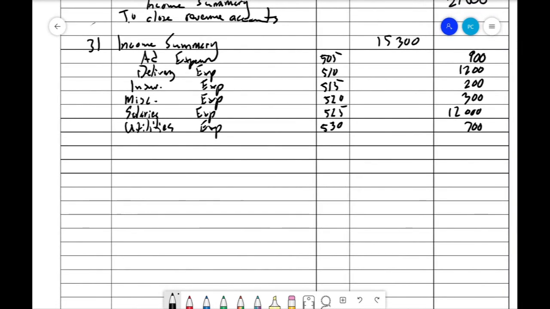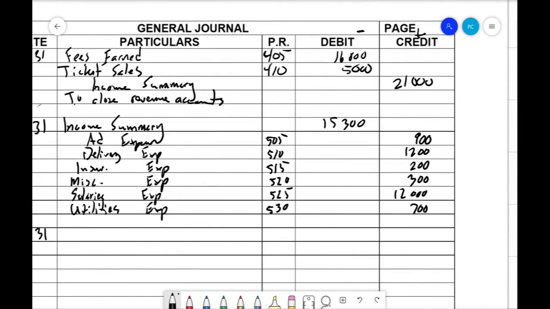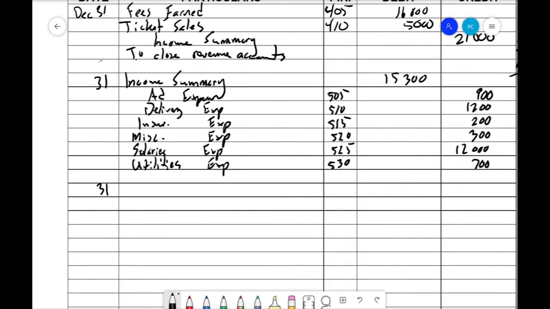Now, the next step then, so still on the 31st, is take income summary, and you're going to take the difference between those two numbers, right? So your difference between 21,000 and 15,300, which is 5,700. Okay, so 5,700 is the difference between the two.